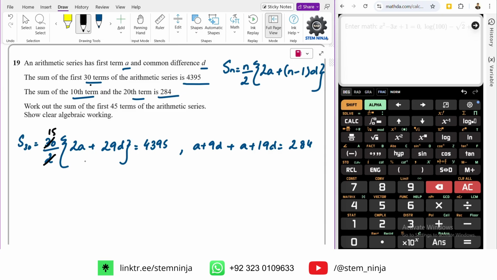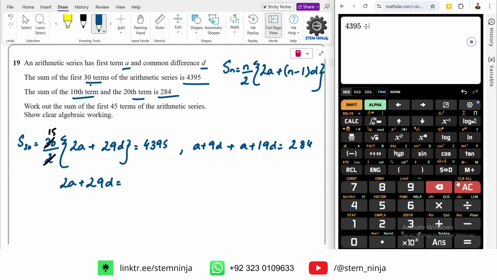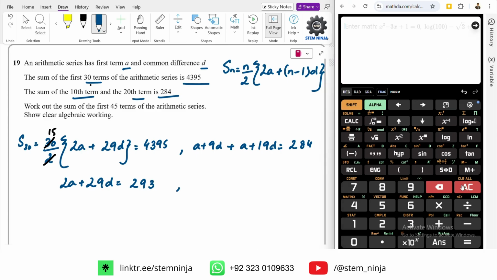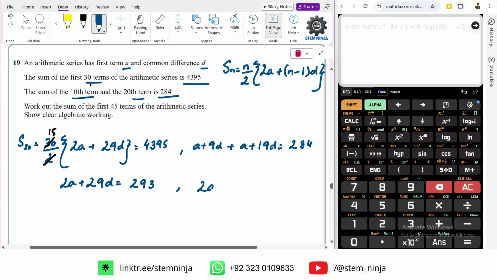Now 2 times by 15 is 30, so this would become 2a plus 29d equals to 4395 divided by 15, which is 293. Right? And this one is 2a plus 28d equals to 284.